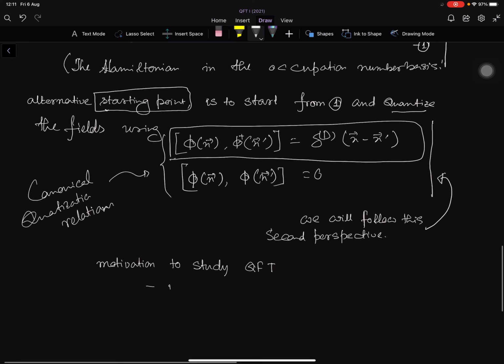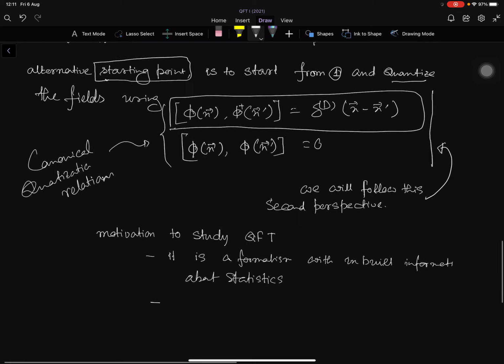That it is a formalism with inbuilt information of statistics, and allows us to change the number of particles.